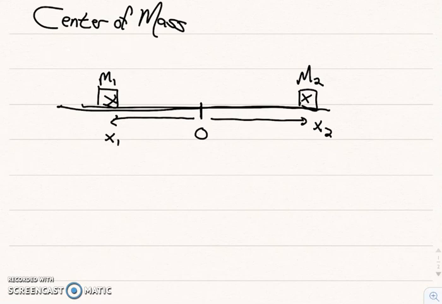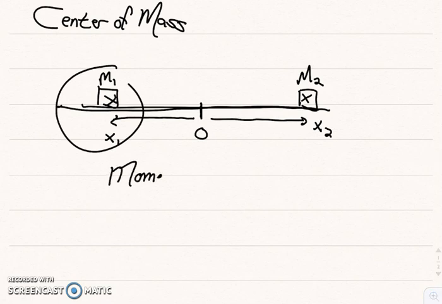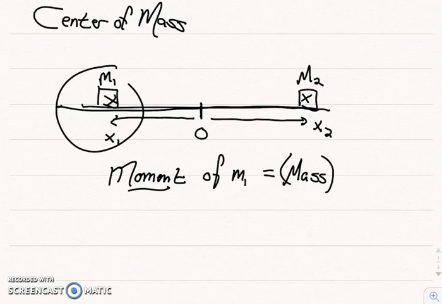Now, before we get around to the center of mass of this system, we'll define an important quantity going forward for each of these masses. Each of these masses, let's do it for m1 first, has what we call a moment about the origin. The moment of mass m1 is defined to be the mass times the position.